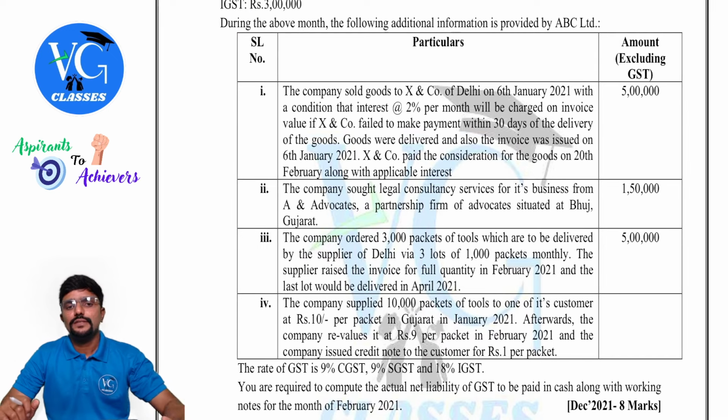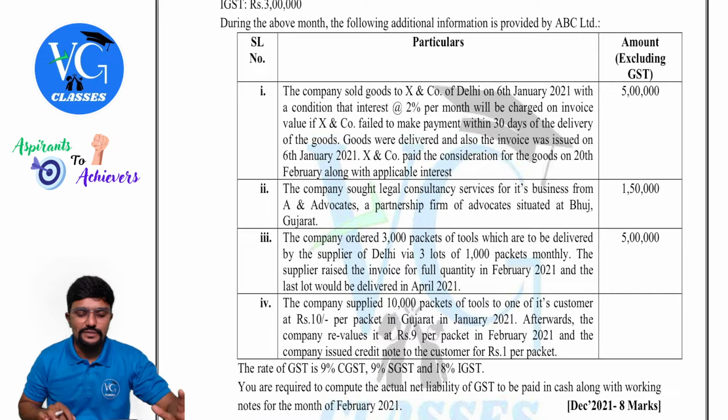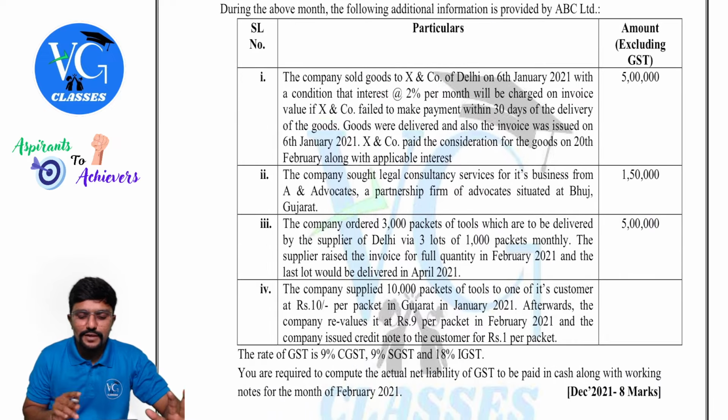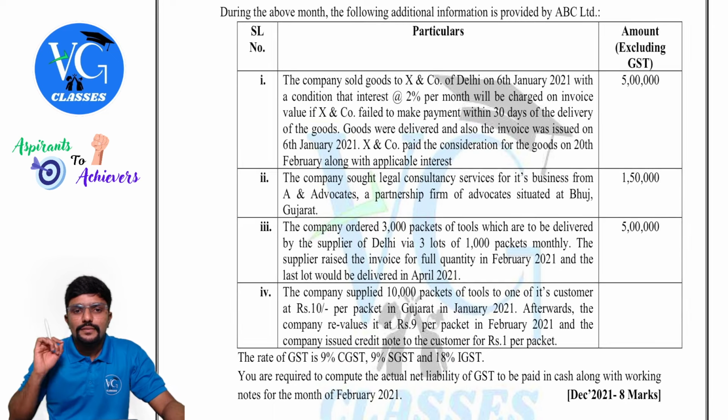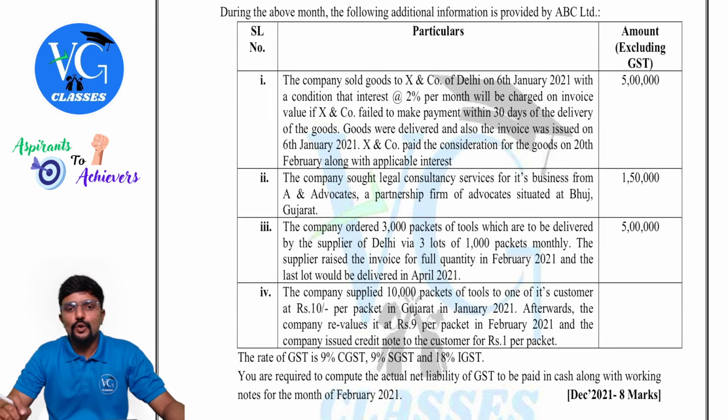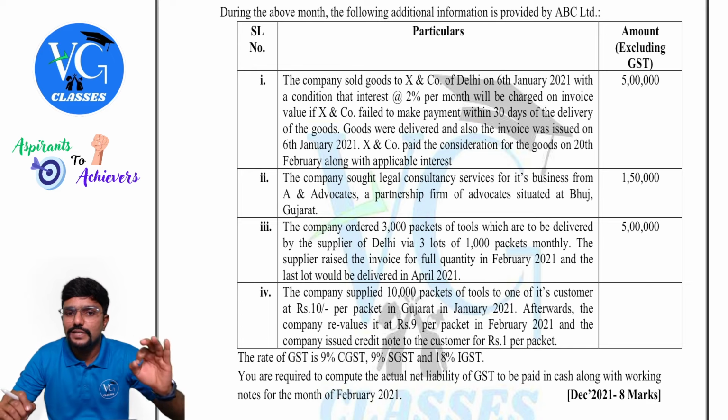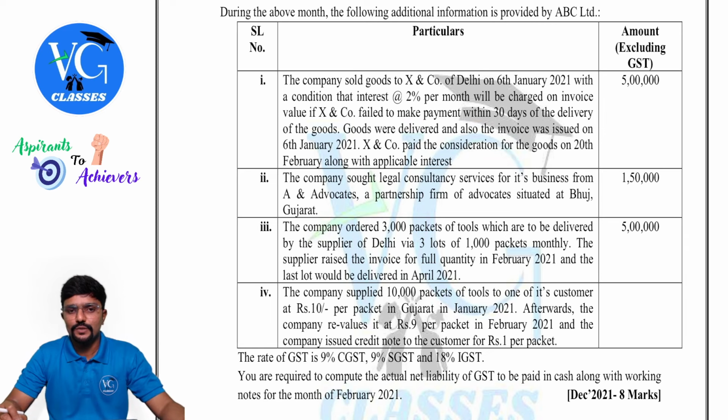During the above month, the following additional information is provided by ABC Limited. Additional information. Please be careful. Additional, that is the keyword. The company sold goods to X & Co of Delhi on 6th January 2021 with the condition that interest at 2% per month will be charged on invoice value if X & Co failed to make payment within 30 days of delivery of the goods.